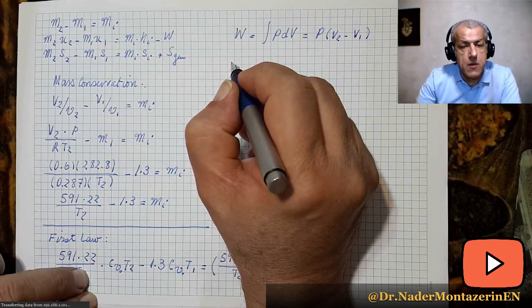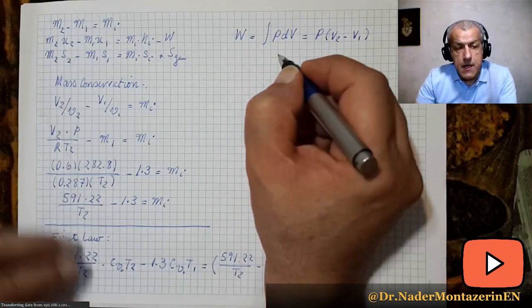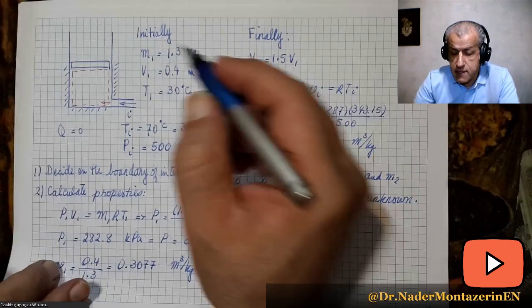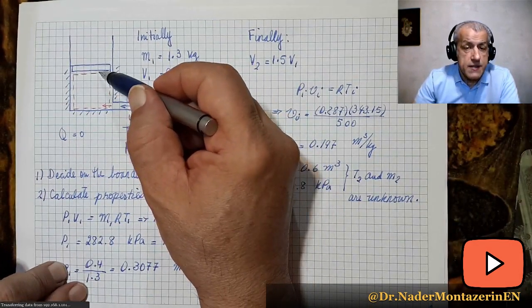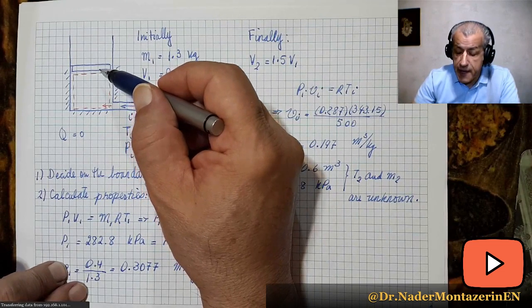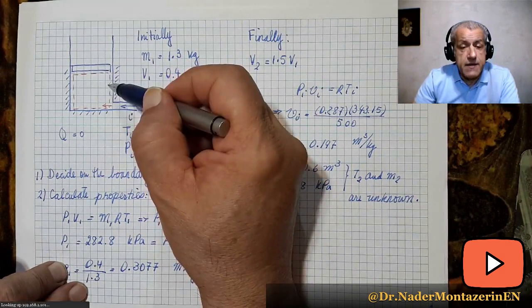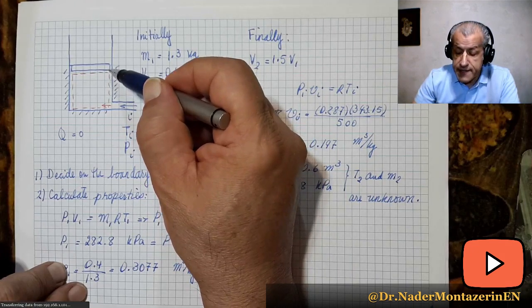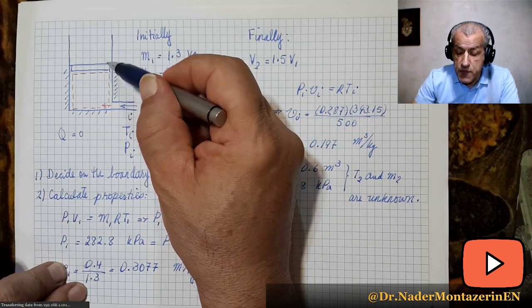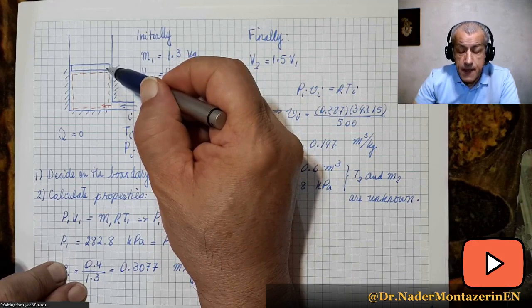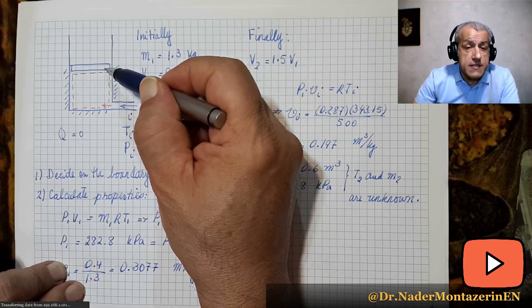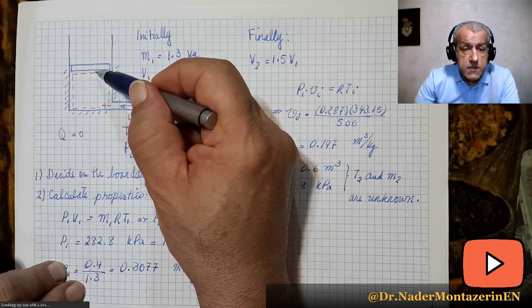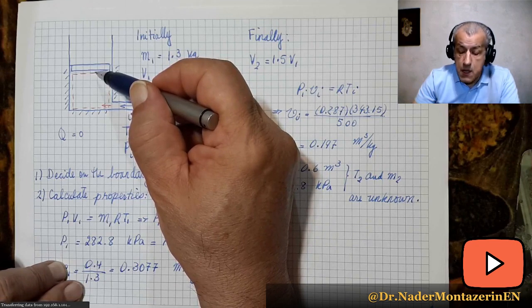P times V2 minus V1. Of course, please note that in this case, we just are selecting dV since the area is constant and the movement of the piston is just multiplied by force, F dx, and that gives us work.